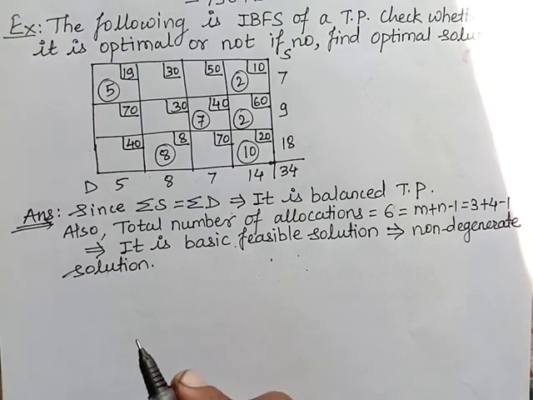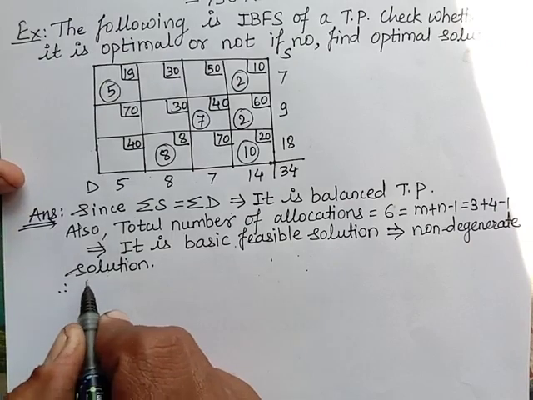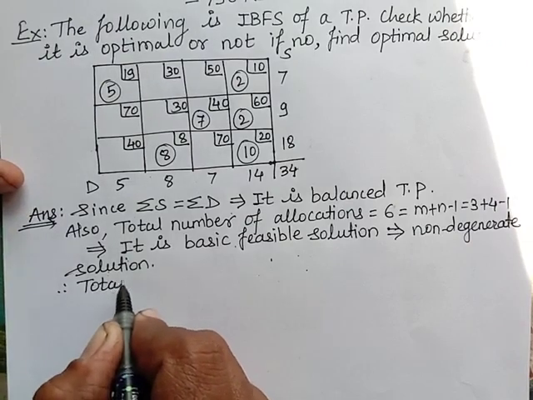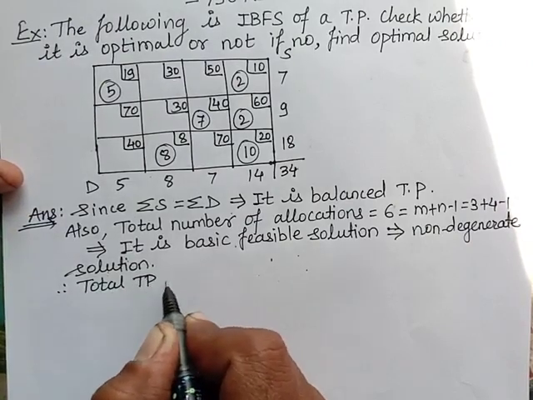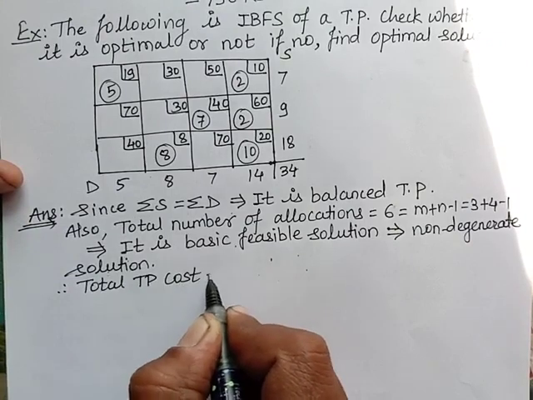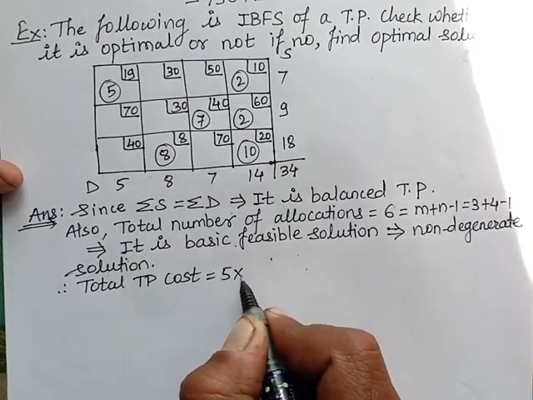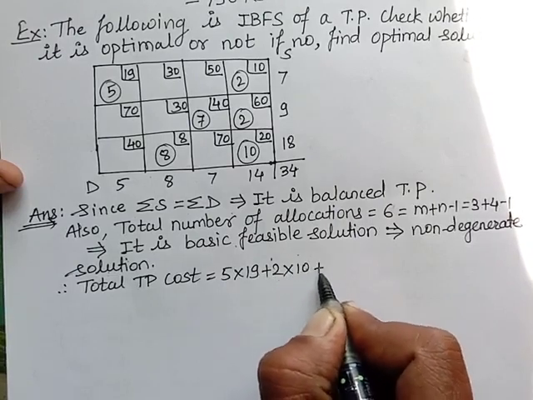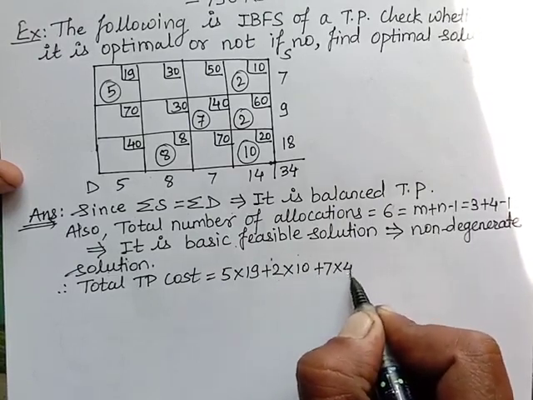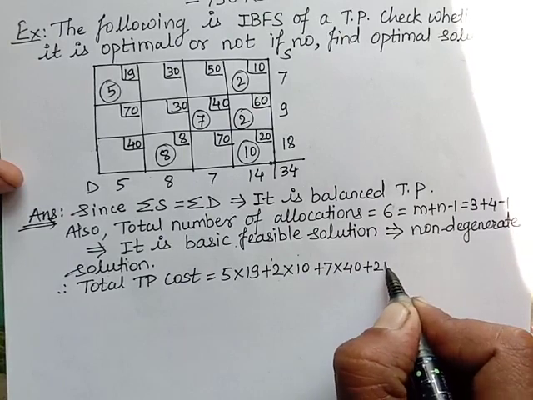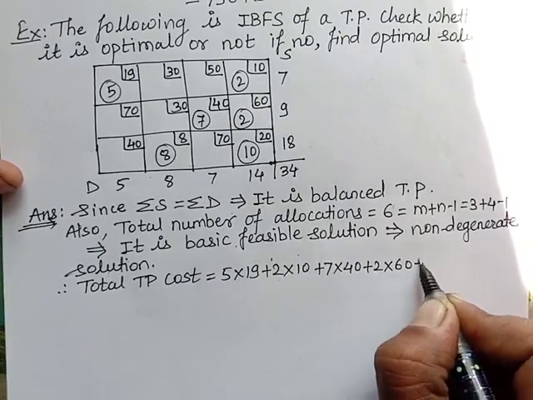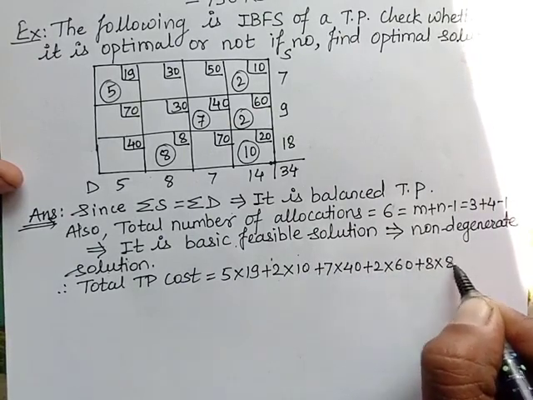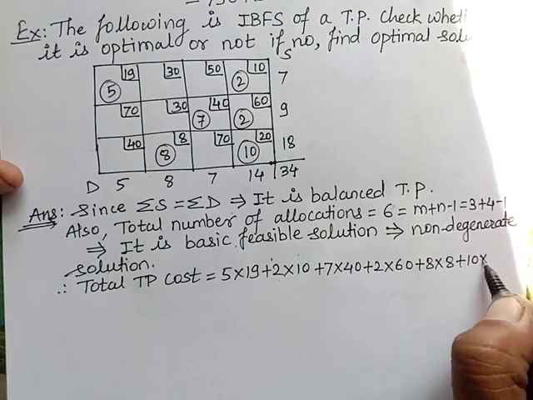Also, let me see what was the cost. Total transportation cost equal to 5 into 19 plus 2 into 10 plus 7 into 40 plus 2 into 60 plus 8 into 8 plus 10 into 20.